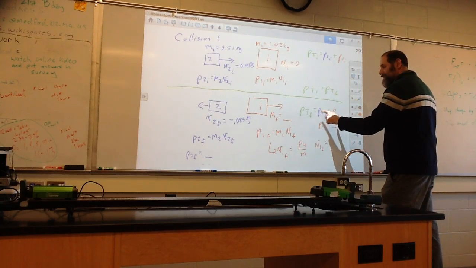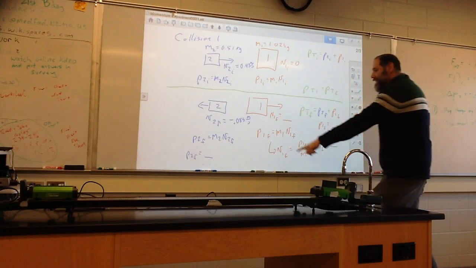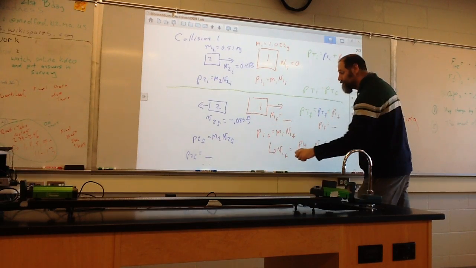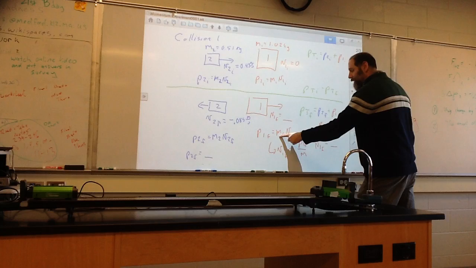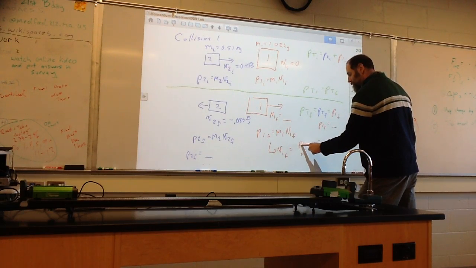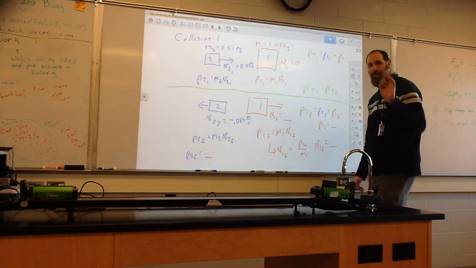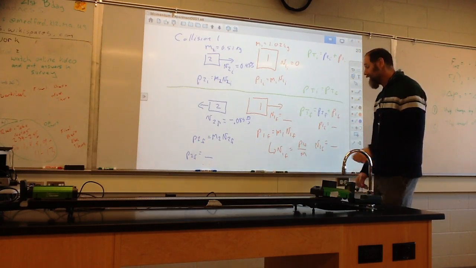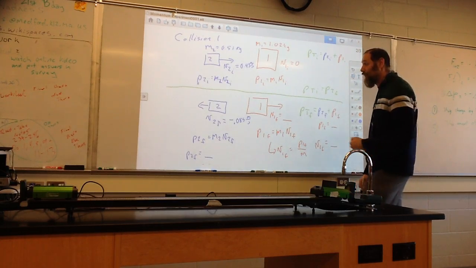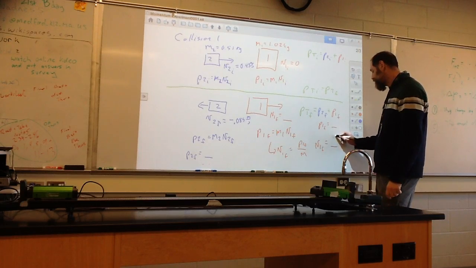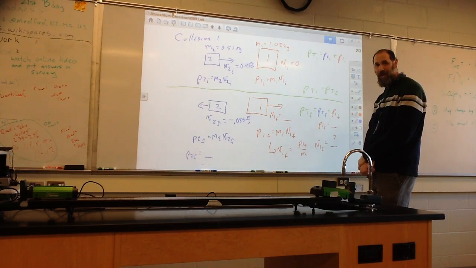So this plus this has to equal that. And now that you know P1, and we know M1, you can solve to get V1 final. Bang, bang, bang, bang. So go ahead, pause it, get caught up with your calculations. You should get a positive number for your velocity because it's going towards the right. Figure out what this is, okay? Go ahead, pause it, and do your calculations.